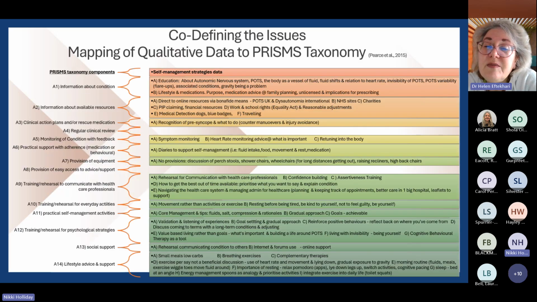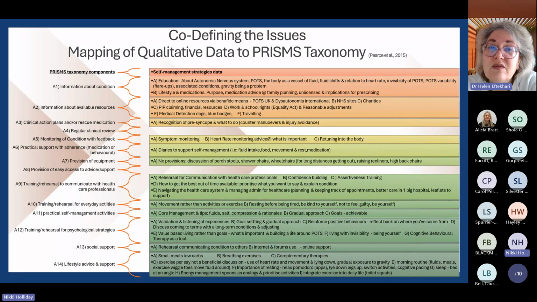From the original qualitative study, I have to say as well that the themes were discussed with the PPI group to see if there was resonance of the themes while we were doing the analysis. And then specifically out of the qualitative data, we looked at co-defining what the issues were.